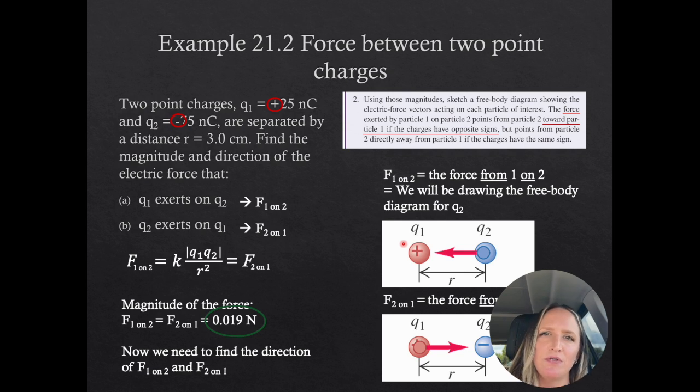Okay, the force due to Q2 on Q1. So now we're going to draw the free body diagram on Q1, okay? They are opposite charges, so they are attractive, and so the direction of that force is going to be towards the other one. If they're attracted to each other, they're going to feel the force pull directly towards the other one, so the direction of that force is going to be to the right.